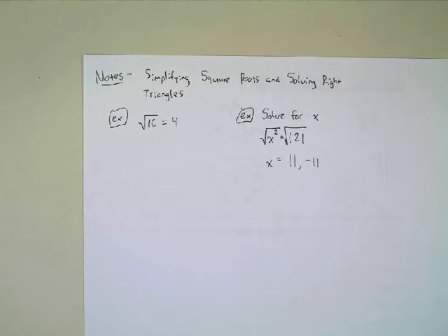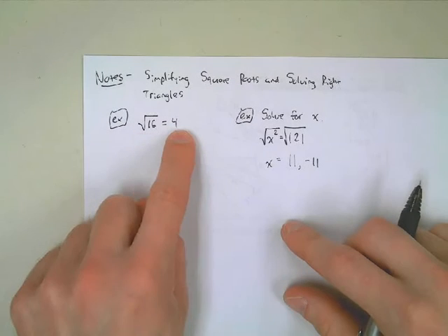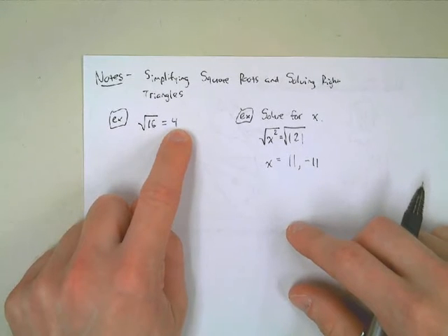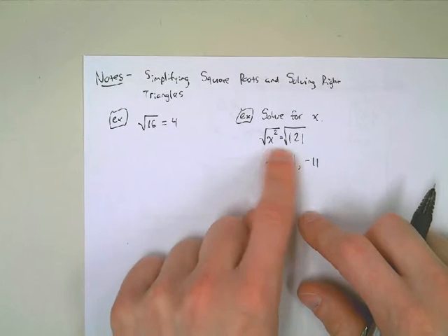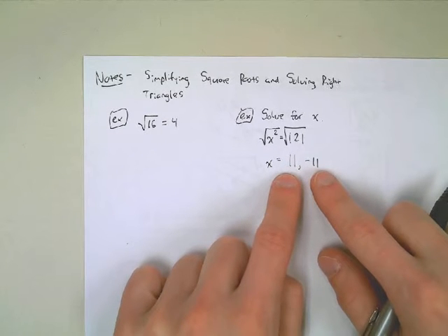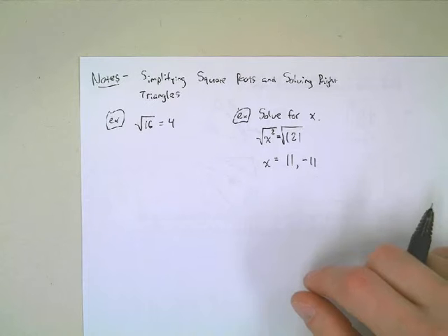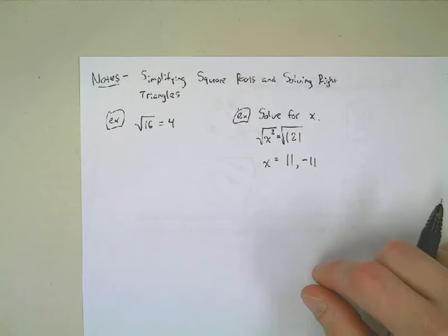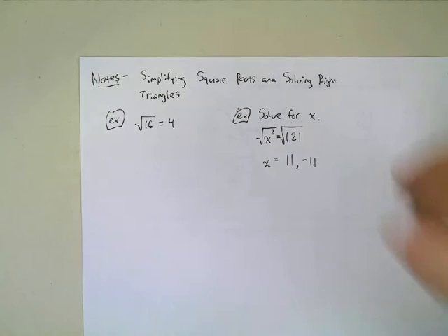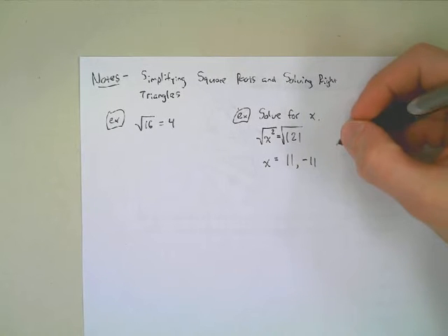So now, what's the difference? Why here, when we did the square root of 16, did I just say 4, that is just the answer, but here in this equation we have two answers, both positive 11 and negative 11? I think it has to do with the x in here.